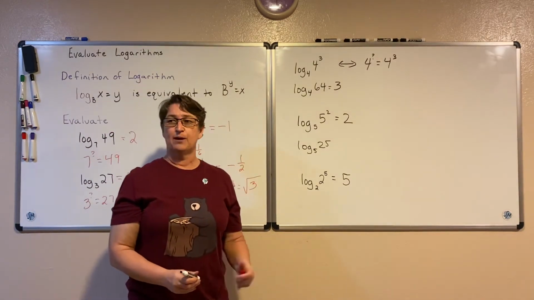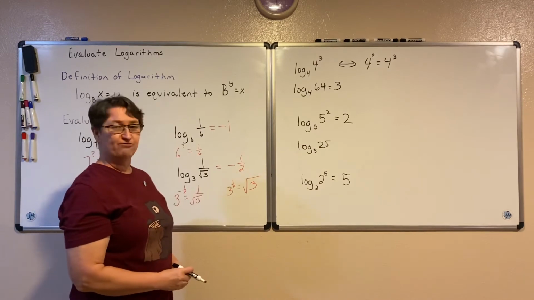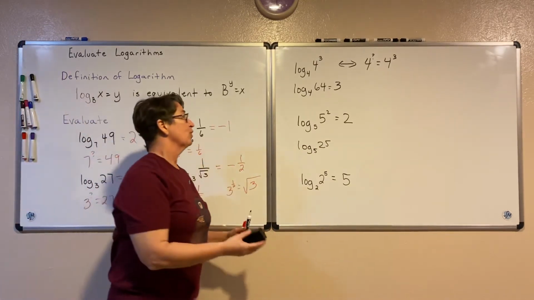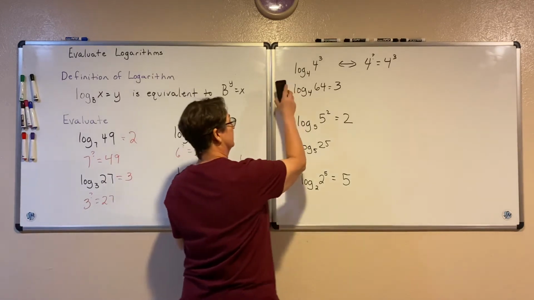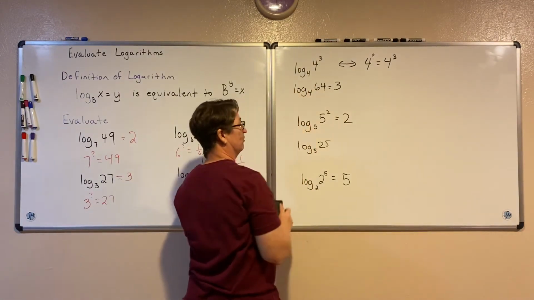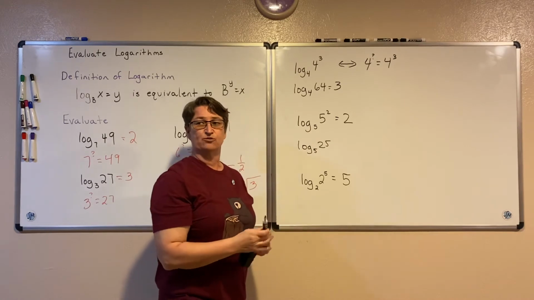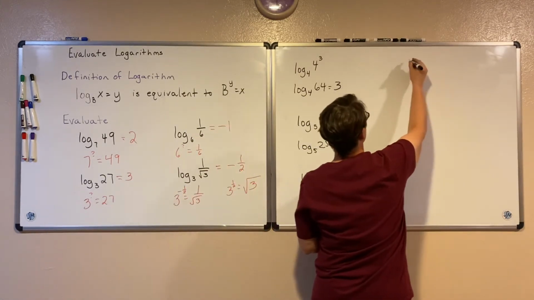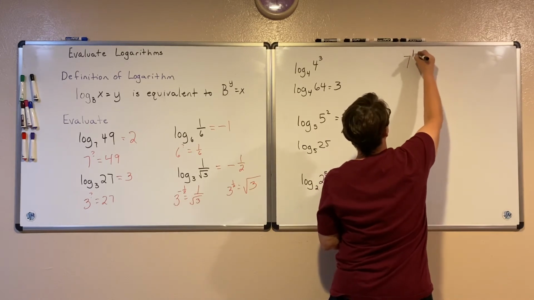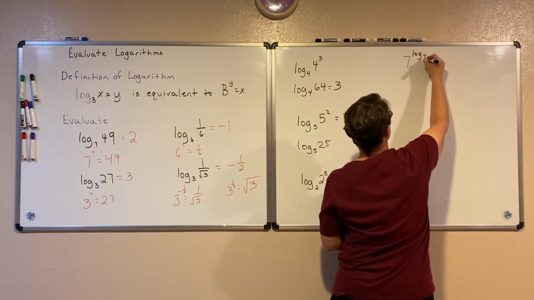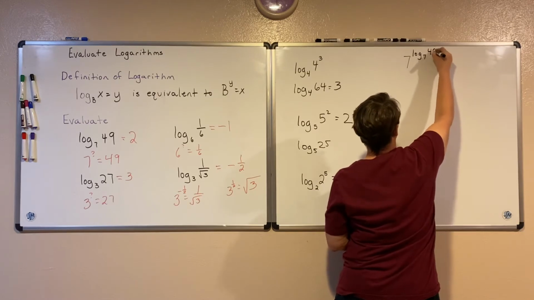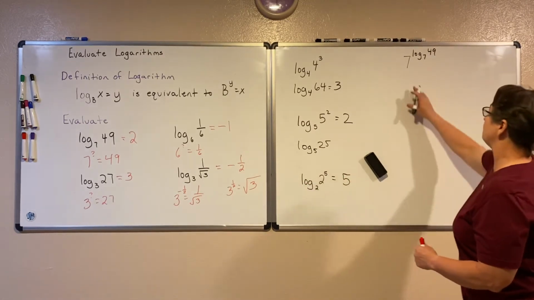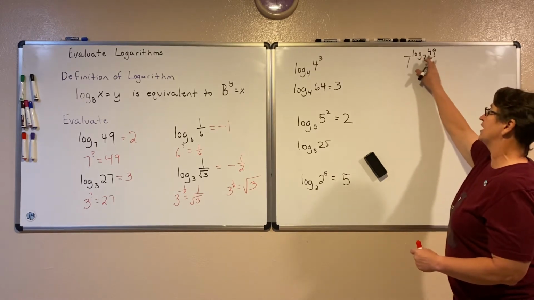Another example of this is when I start off in my exponential form. So instead of starting in my logarithmic form, I'm going to do a few where we start in the exponential form. So for instance, let's start here at 7 raised to the log base 7 of 49. So now this one, I have a base raised to an exponent.